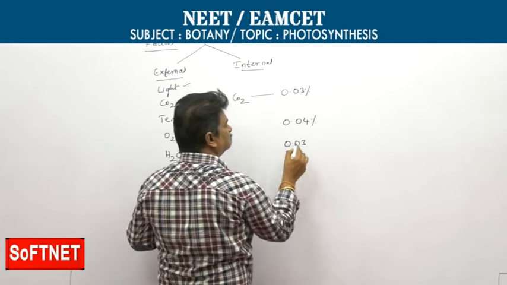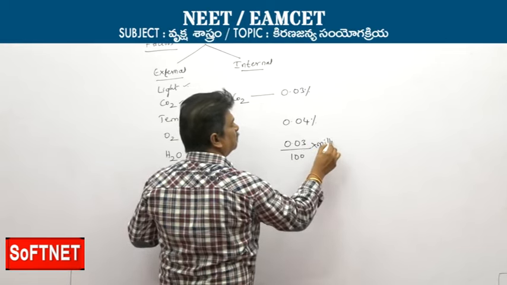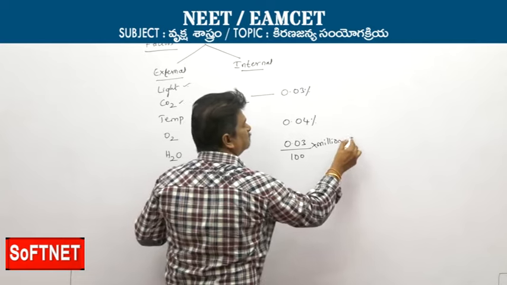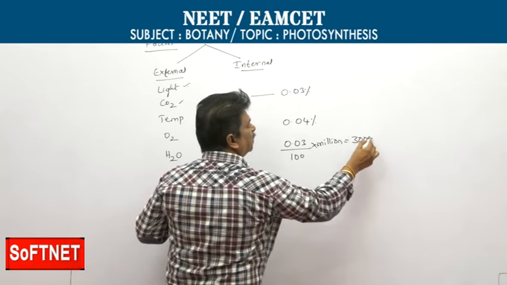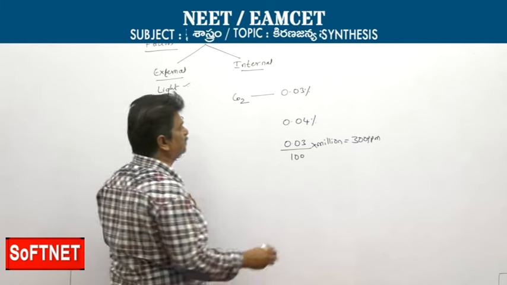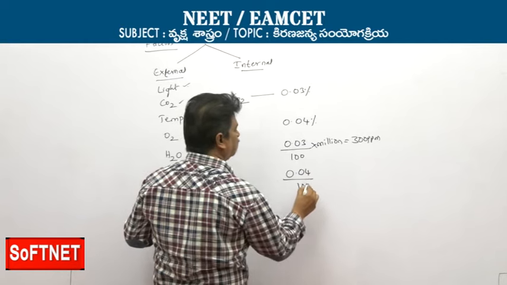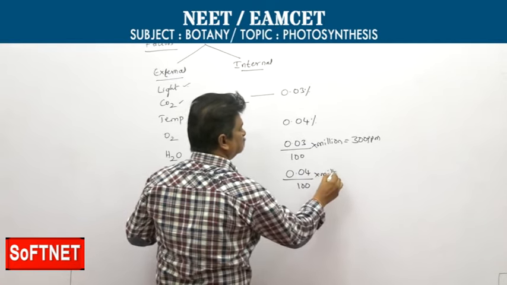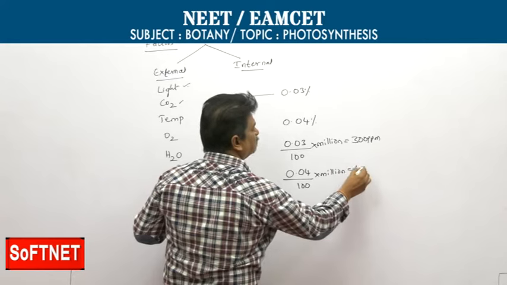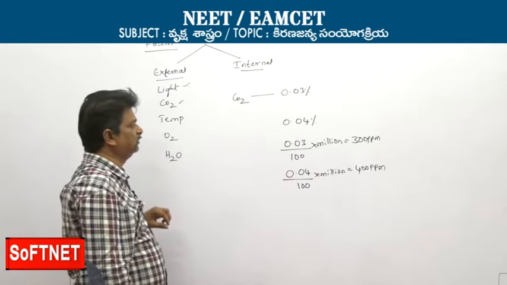0.03 by 100 into million forms 300 ppm of carbon dioxide. 0.04 by 100 into million forms 400 ppm of carbon dioxide.